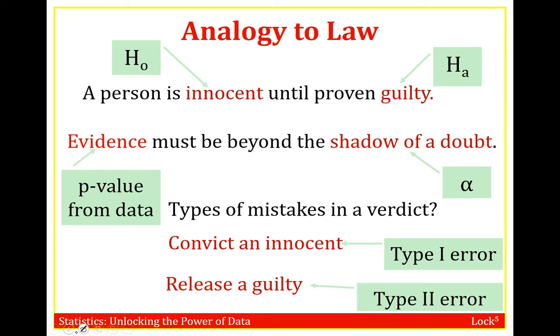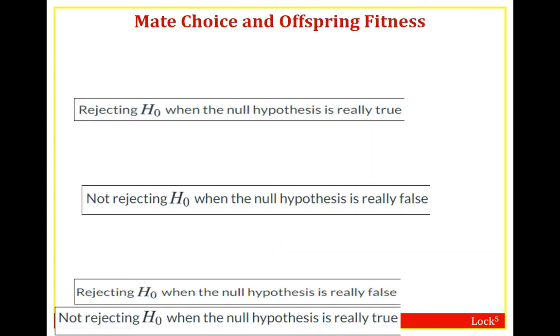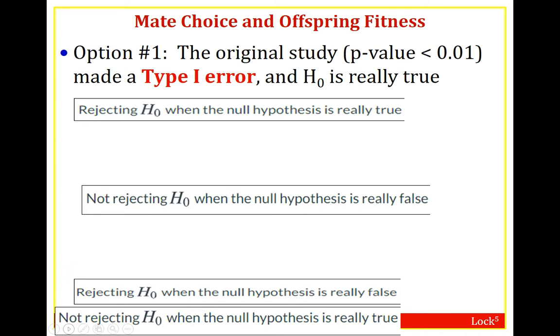We'll break it down a little farther into statistical terms. When we're rejecting H0 when the null hypothesis is really true, this is our type 1 error.